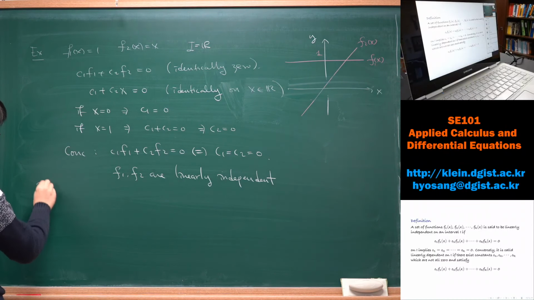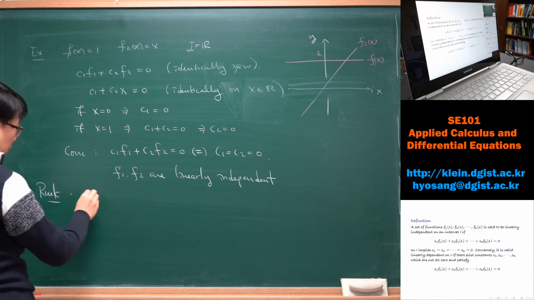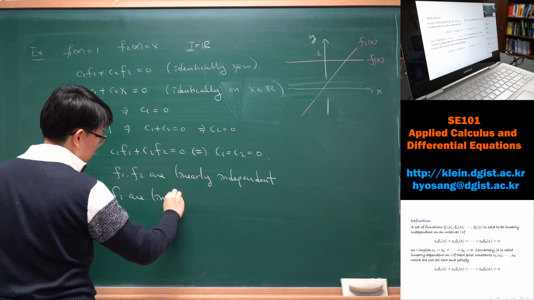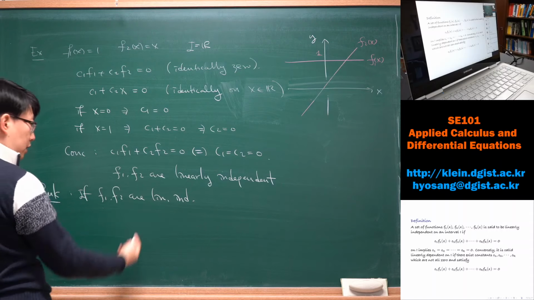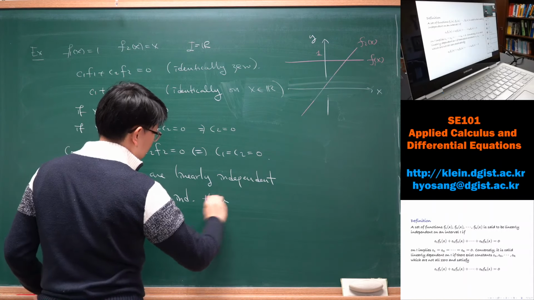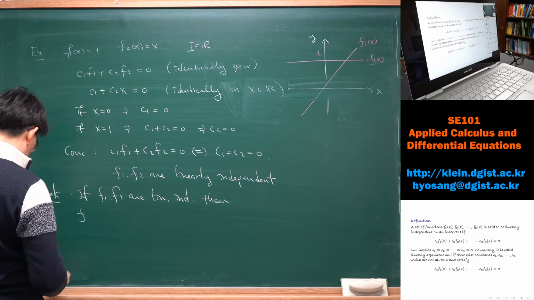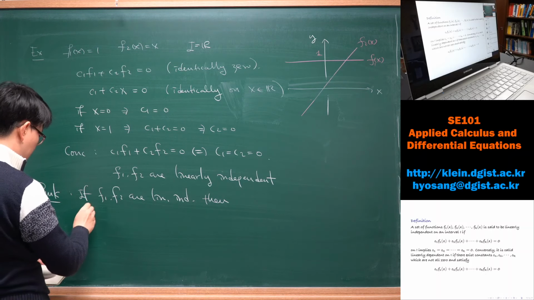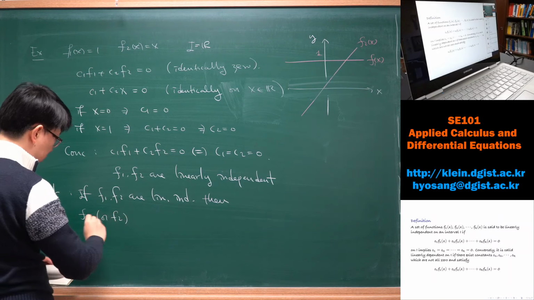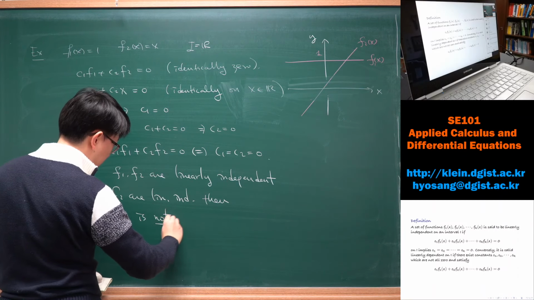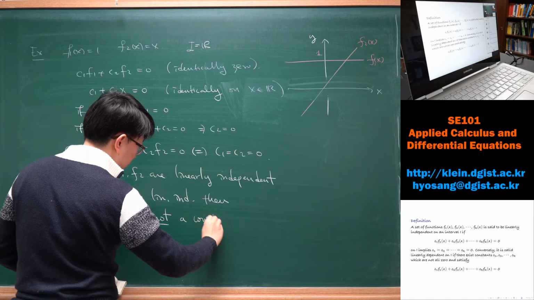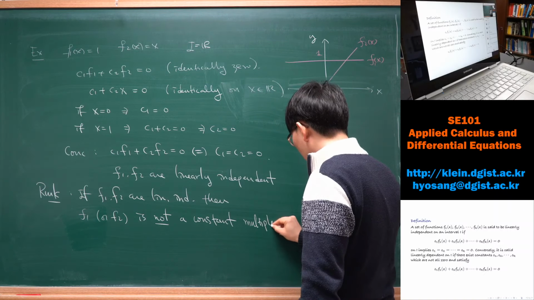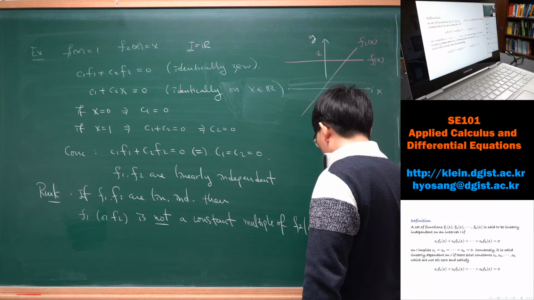So here's a remark, to summarize. If f1, f2 are linearly independent, abbreviated lin-ind, then f1 is not a constant multiple of f2, or f2 is not a constant multiple of f1.